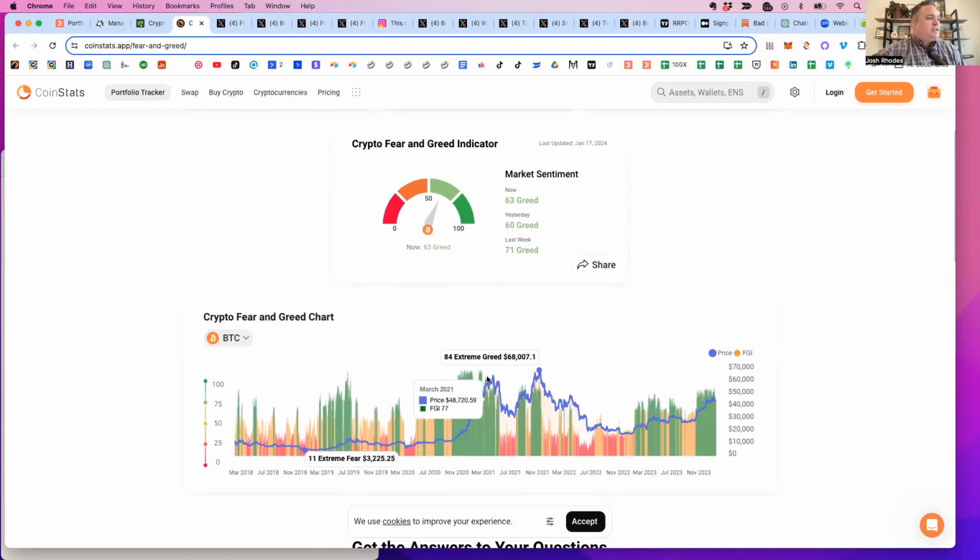Last week we were at 71 greed. What happened last week that you think may have spiked the greed indicator? Somebody in the chat or in the comments, just let me know. The ETF. So the ETF started trading, and we're going to talk more about ETFs in a second, but it was at 71. And then, of course, it backed off.